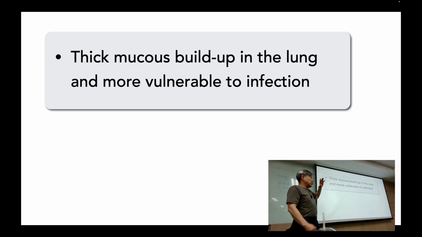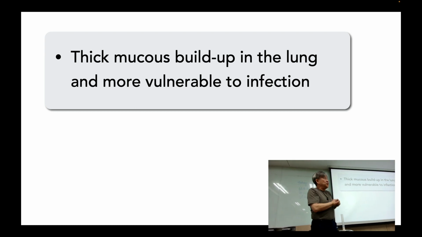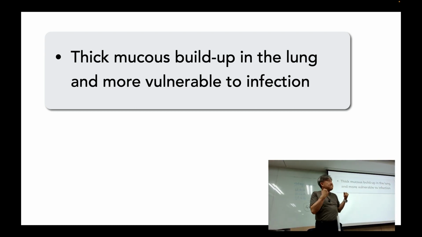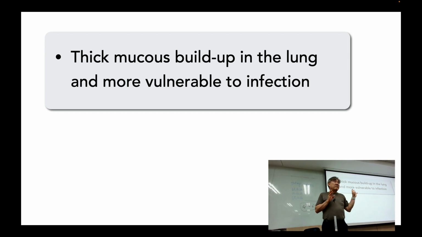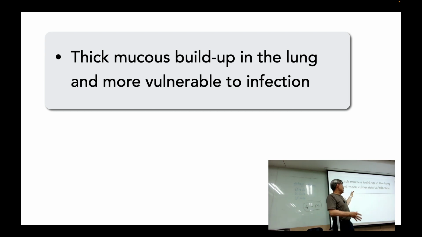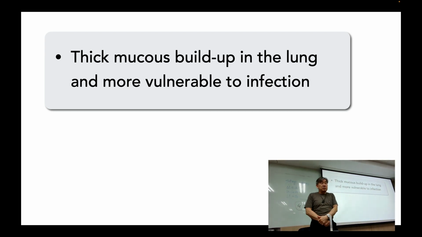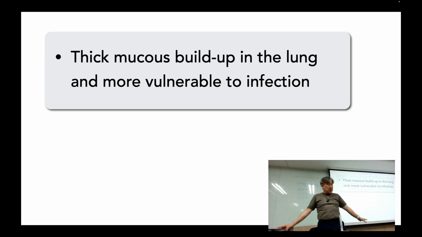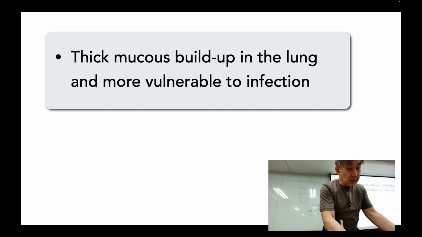Because of this very thick mucus, it can easily trap all those incoming infectious bacteria and viruses. So you are more vulnerable to various infections. That's why you have so many pleiotropic effects out of this.